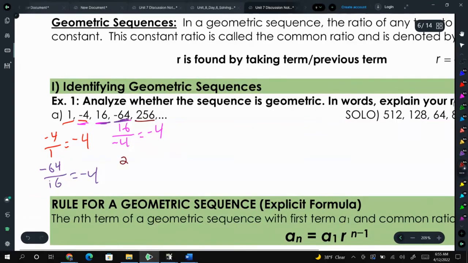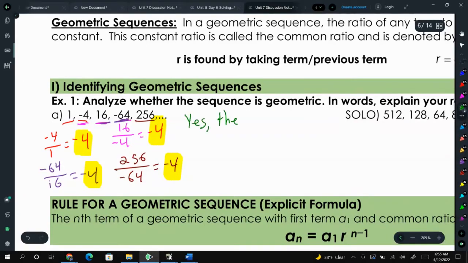And then 256 divided by -64 is also -4. Since all of these divide out to be -4, it is geometric. Yes, the common ratio is -4. So we can have a negative common ratio.